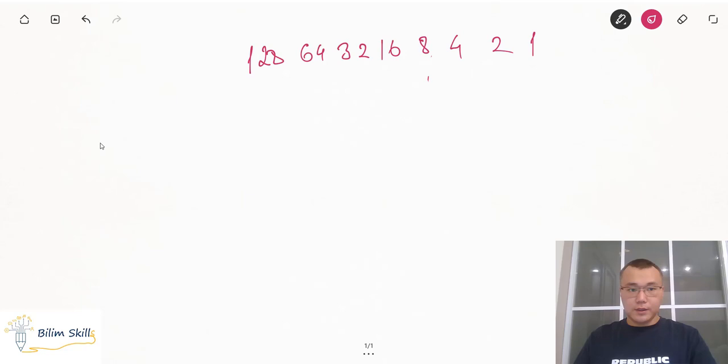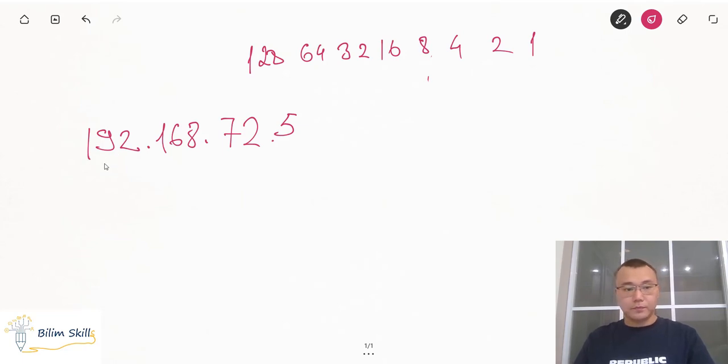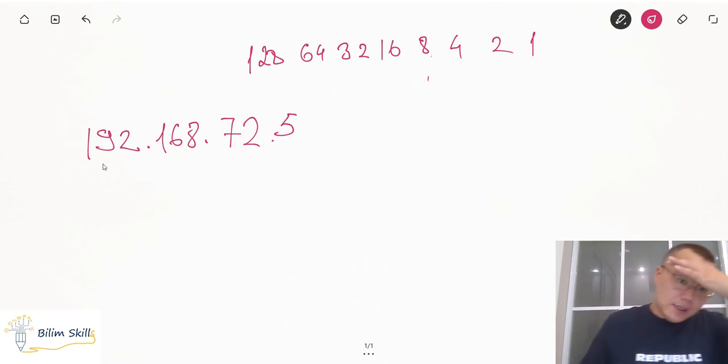So let's take a harder example, like 192.168.72.5, like end user IP addresses. Okay, let's convert this IP address into binary form. How do we know it? This IP address is given in decimal form, again for users to understand.